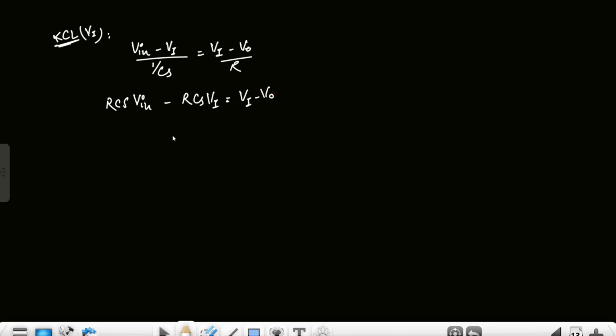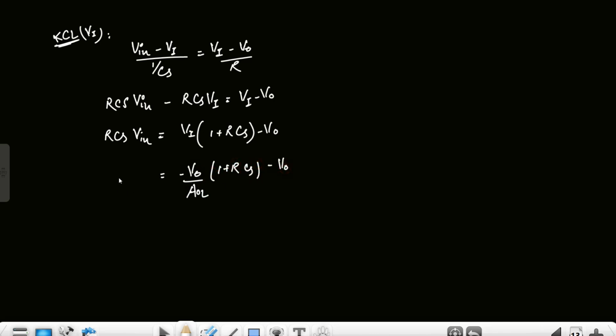So now this is RCS VIN, and this is V inverting times 1 plus RCS, minus V naught. Simply substituting V inverting as minus V naught upon AOL, this will be 1 plus RCS, and this will be minus V naught, and this is the RCS VIN.